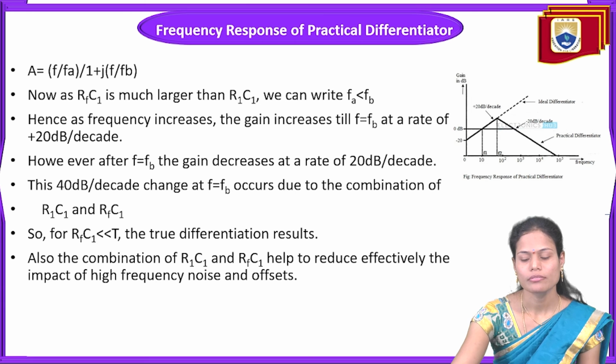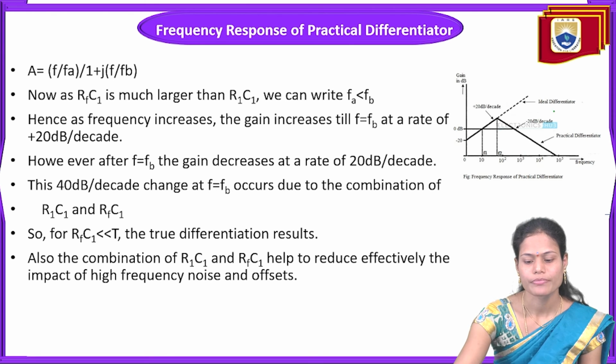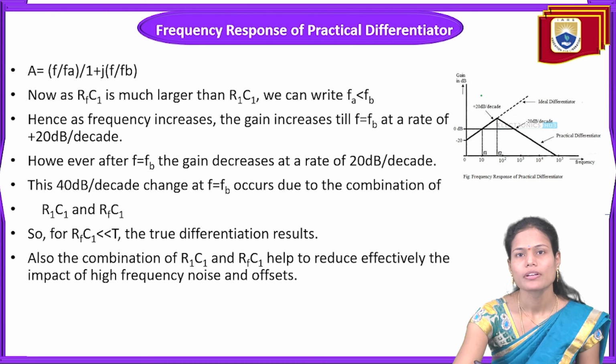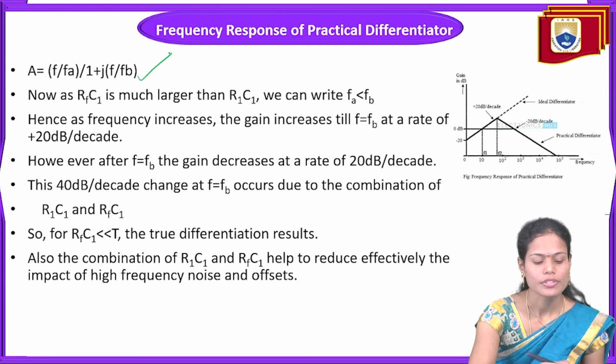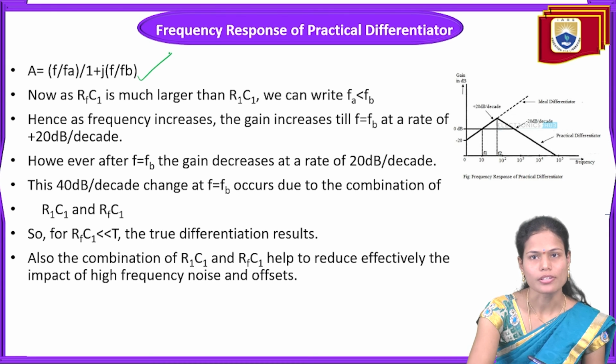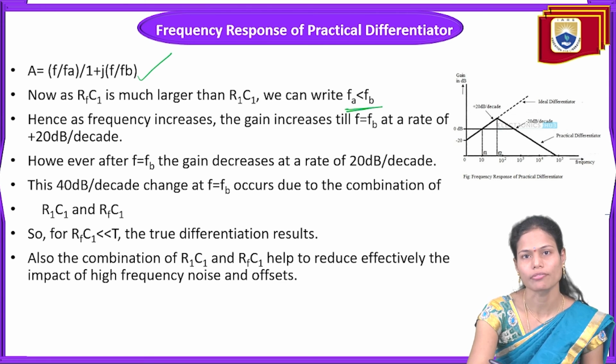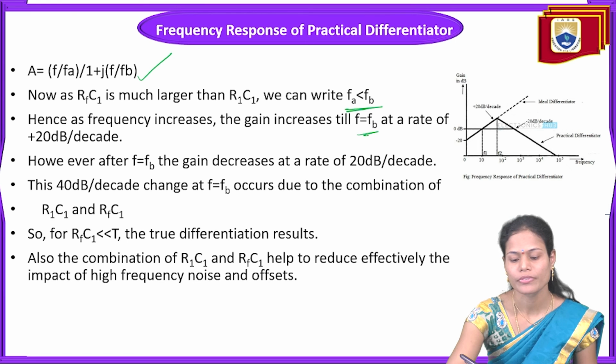So now we'll see the frequency response from the graph. The gain value we got is this much here, and in this case the RFC1 time constant is very large compared to R1C1. So that's why the first cutoff frequency is less than the second cutoff frequency. Because of this reason, as frequency increases, the gain increases till F equal to FB.